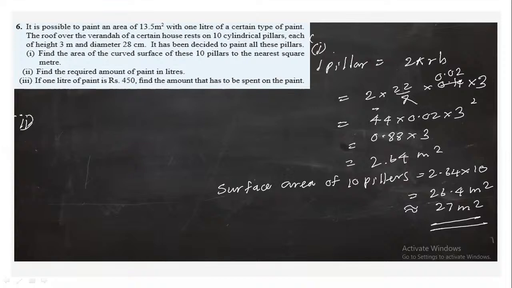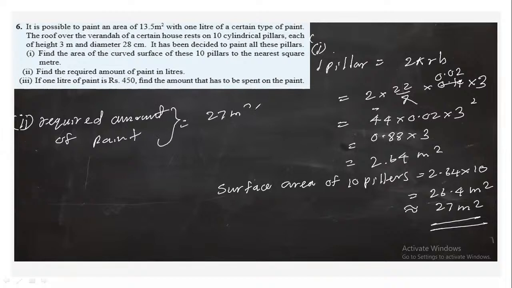Then the required amount of paint equals 27 square meter, divided by 13.5 square meter per 1 liter. Then how much? 2 liters we need to apply.